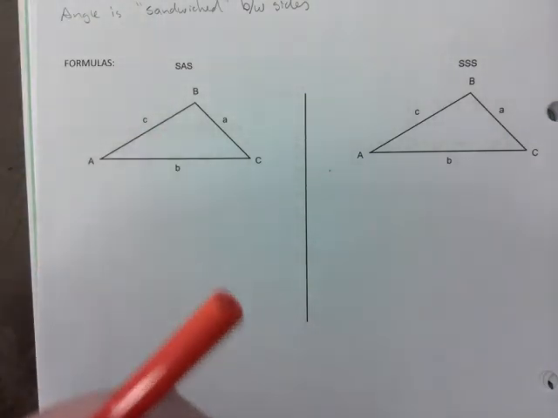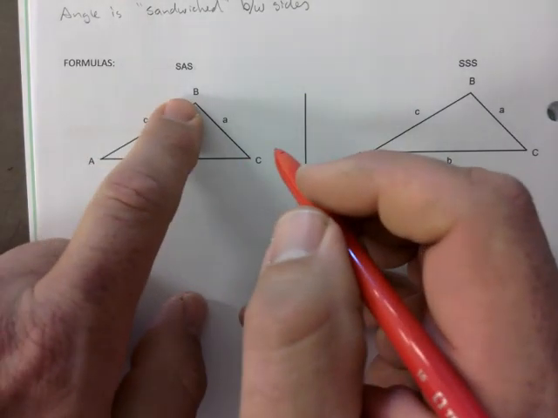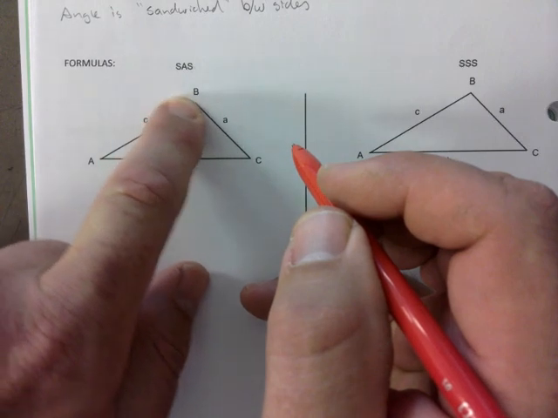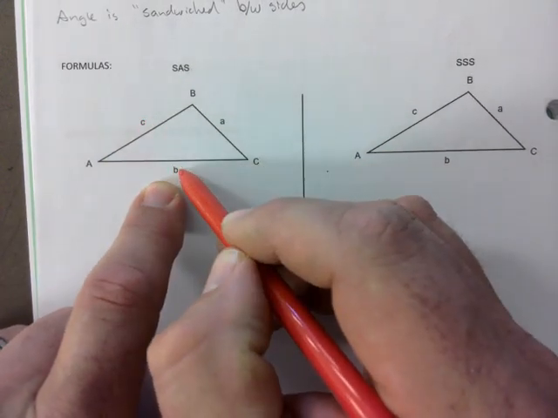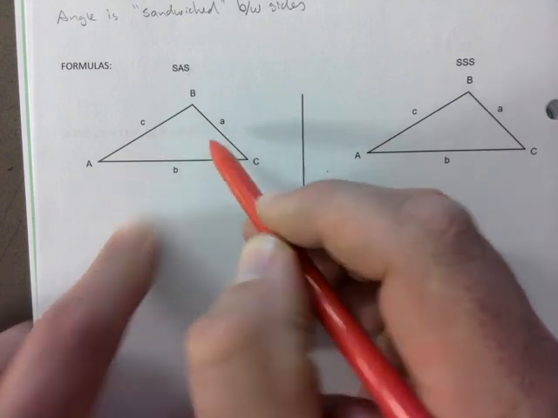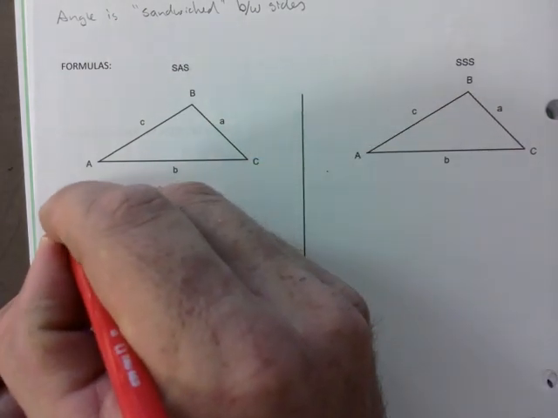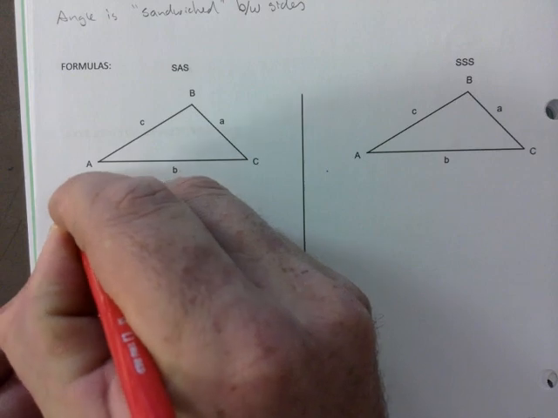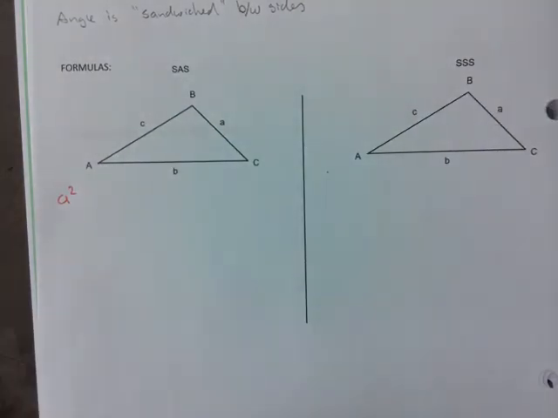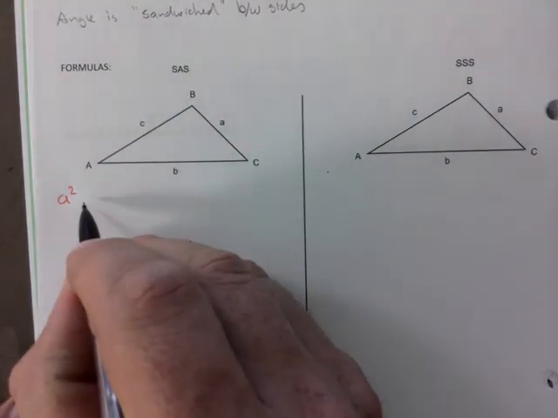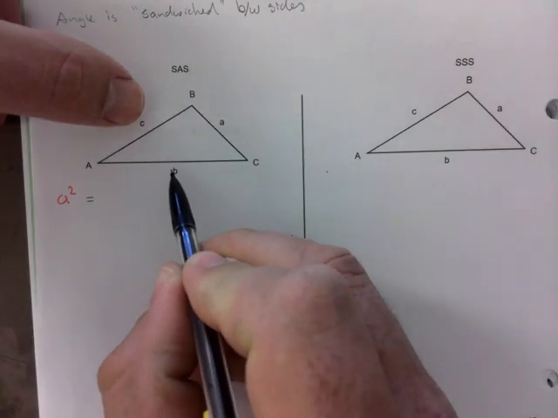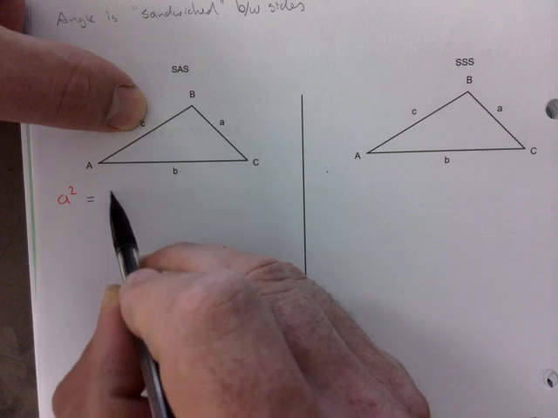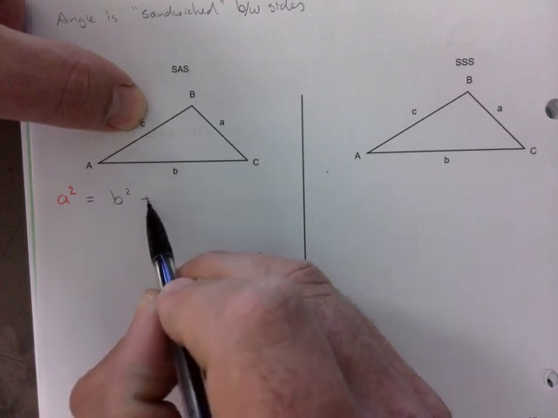If you want to find this side, you're given that side, this side, and that angle. You would start your formula this way: a squared, where I use my different color, is going to be equal to the other two sides that are known, b squared plus c squared.